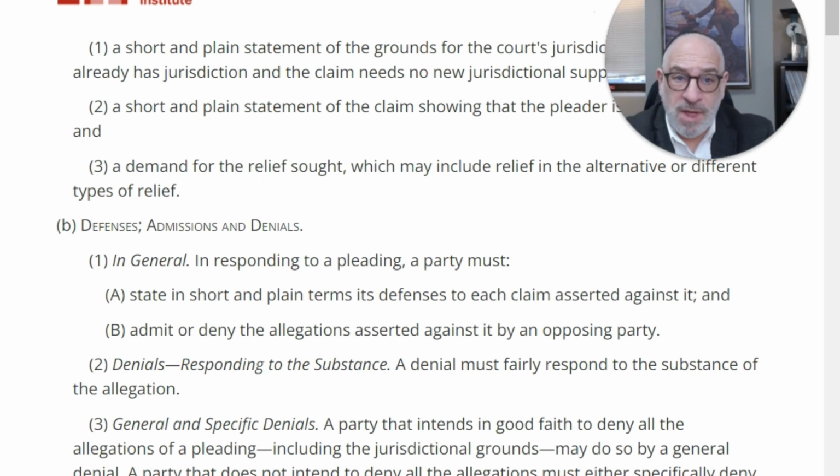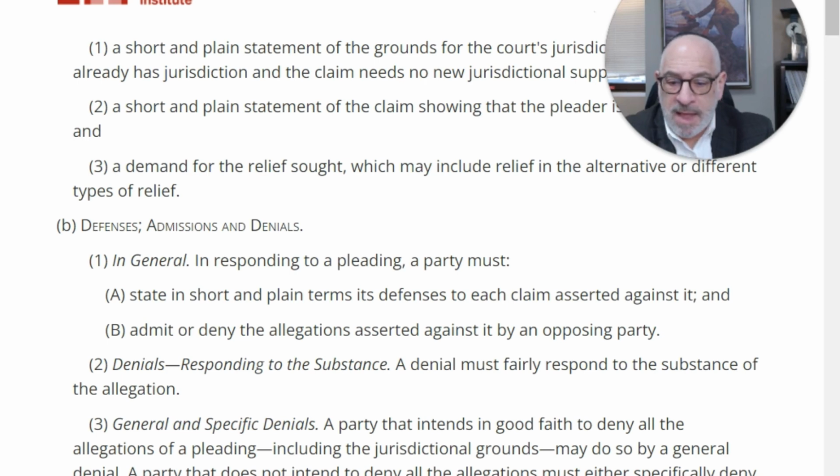Sometimes it's unavoidable. But you might say, I admit that I signed the contract described in this paragraph 14 of the complaint, but deny that it was signed on March 14th.